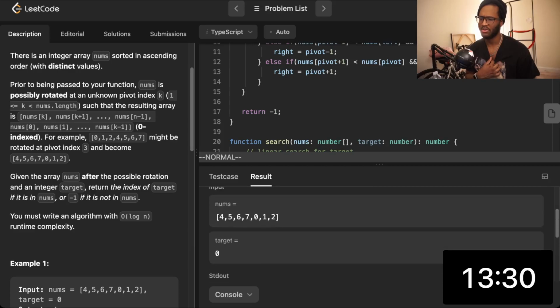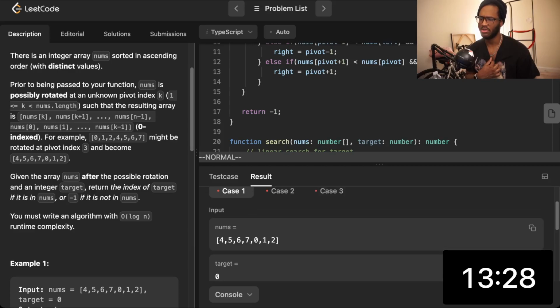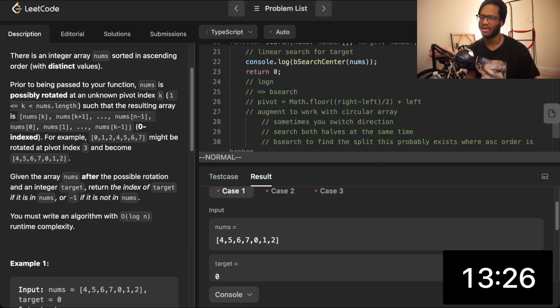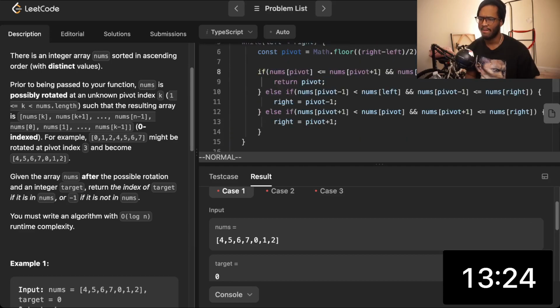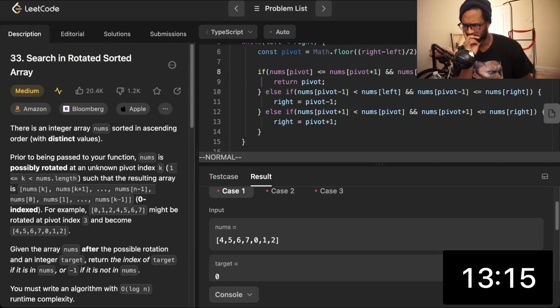STD out gives us 2, 0, 1. Definitely not it. Oh, it's distinct values, so we can actually remove the equals.